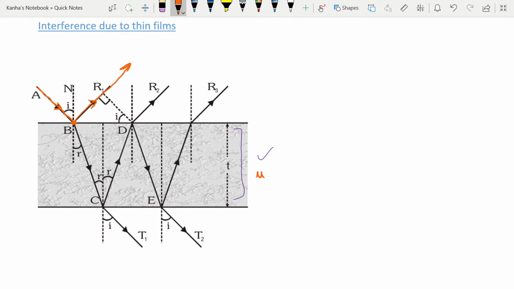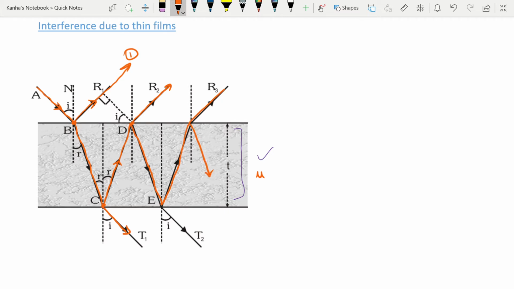This is the first reflected light. Now some part of it goes in, which is refracted. At point C also, some of it will get reflected back into the system, some will get transmitted. This reflected part will reach the point D, some of it will be transmitted while some will be reflected back, and this will go on.